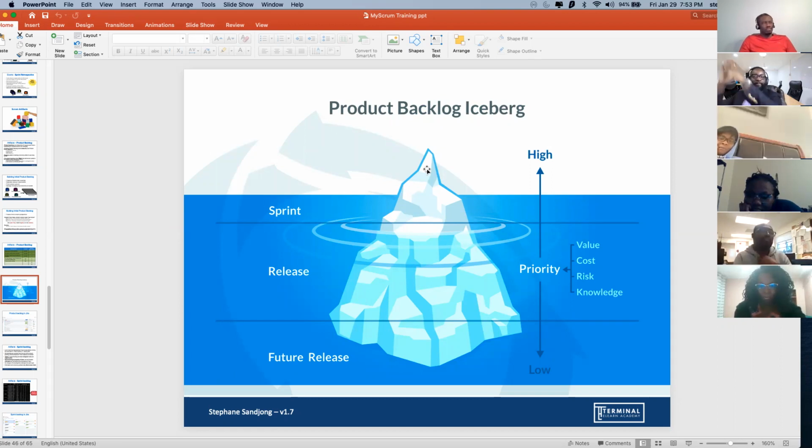So that's why they emerge at the top with smaller elements, because they're broken down. And the more we go through the sprint, those of higher priority are going to emerge, be broken down, and go to the top to be worked on in the sprint. Basically, does that make sense?